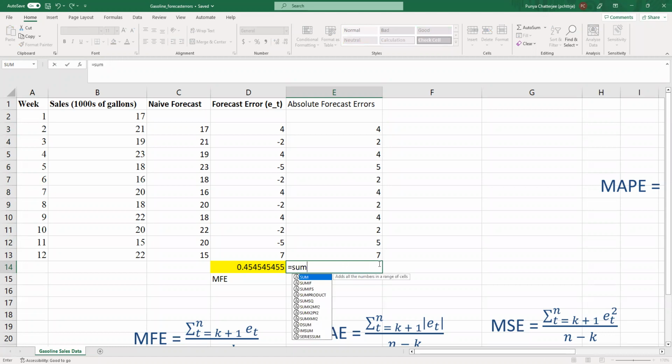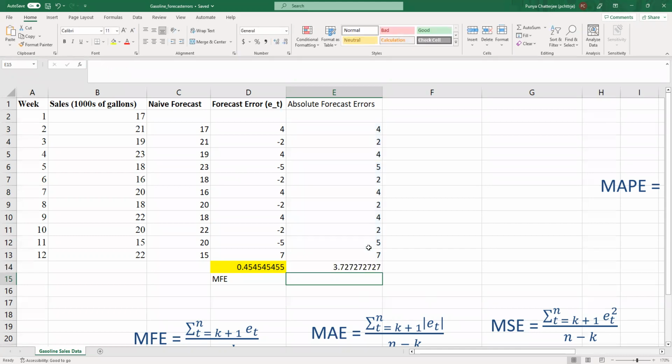So your MAE is the sum of all these numbers divided by n minus k. N is 12 and k is 1 because it cannot forecast for week 1. 3.7272. So that is going to be my MAE.